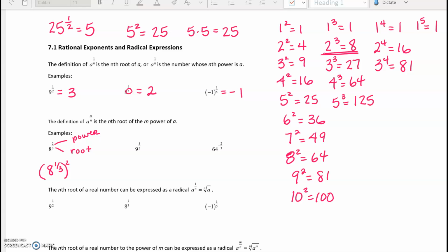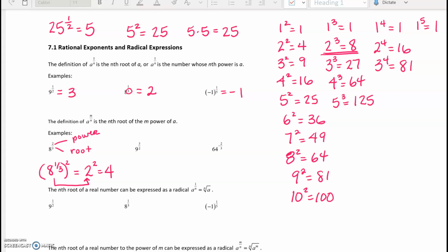So we're back up to the problem up above. The cube root of 8 is 2, and 2 squared is 4. So I simplified what was in the parenthesis first. So parenthesis, then exponents, the PE in PEMDAS.